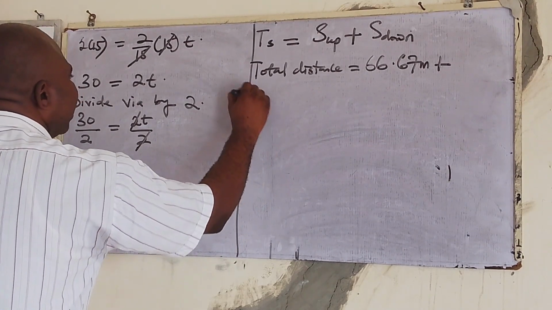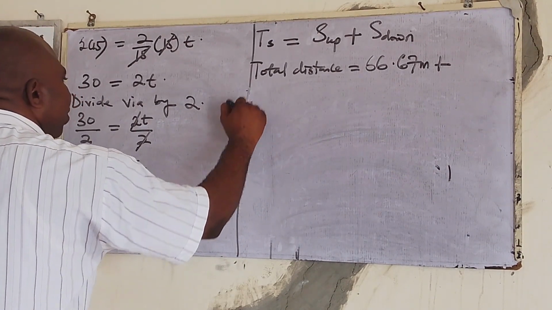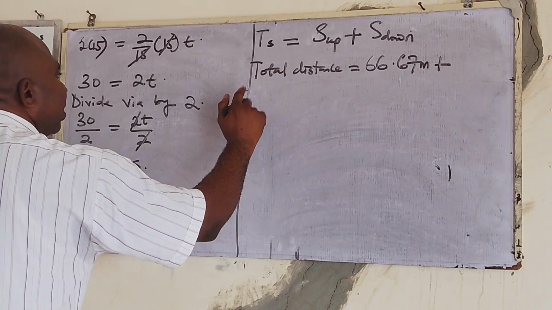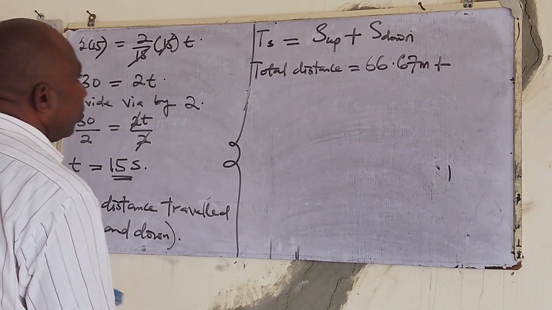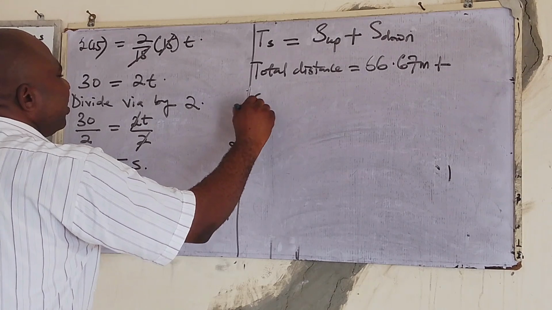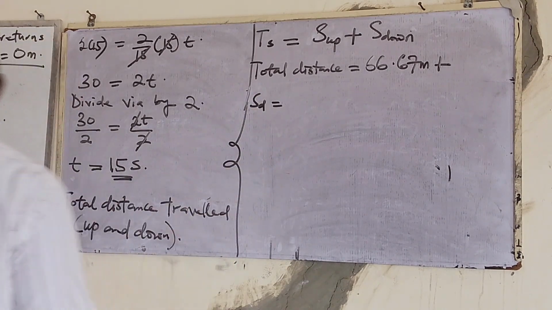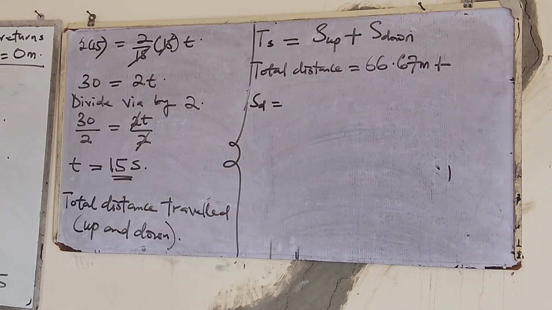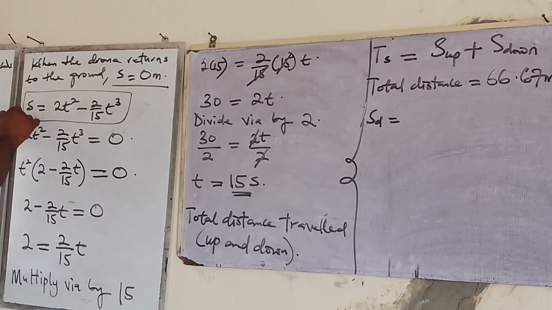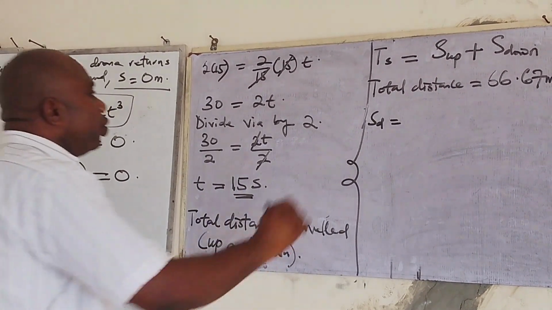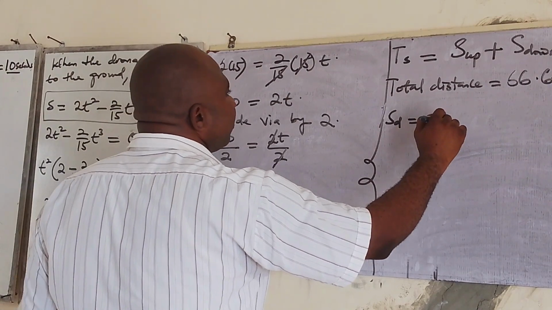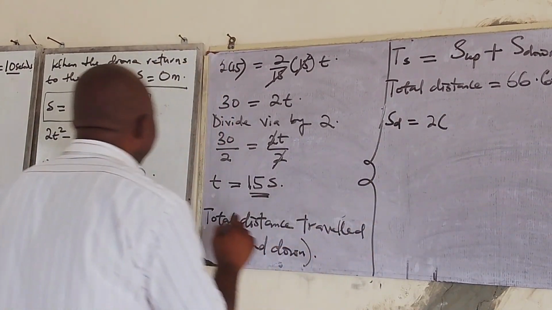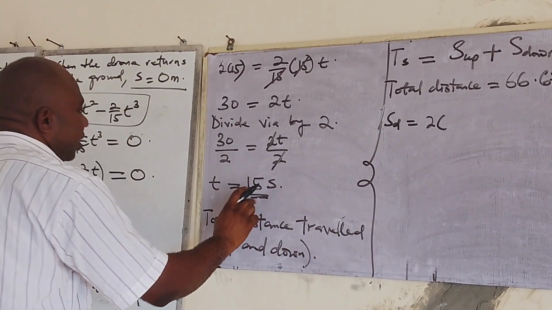So now let's look at the distance it takes to return to the ground. The distance S down will be equal to, let's look at the equation for our S: 2 in brackets, the value of t, which this time is 15.